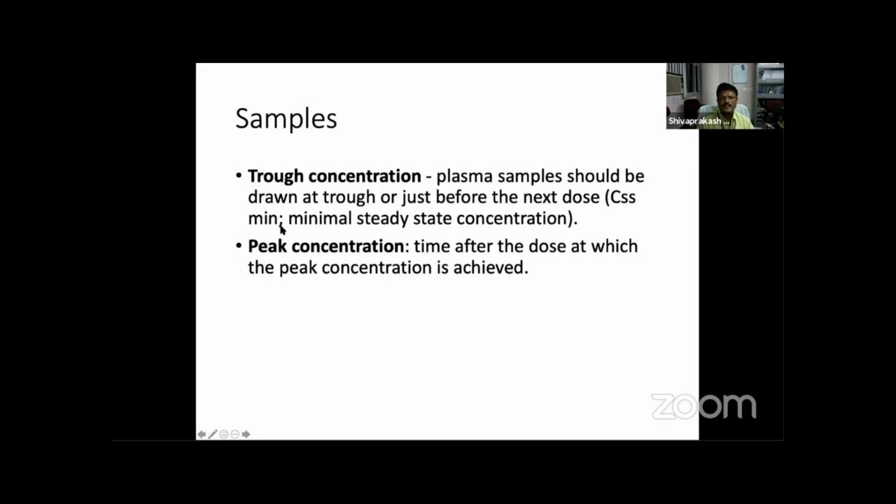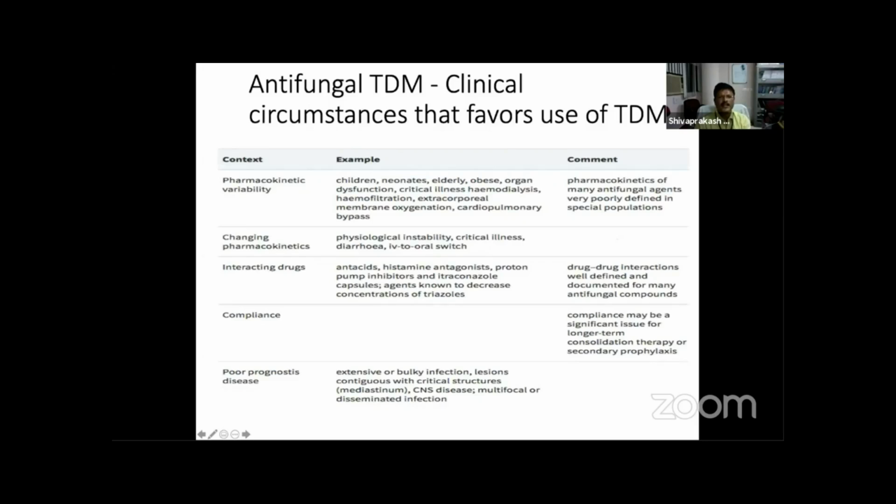This is the Css minimum, the minimum steady state concentration, which is present before the next dose. That is why you take the samples at that particular time for TDM. The peak concentration is the time after the dose at which the peak is achieved.